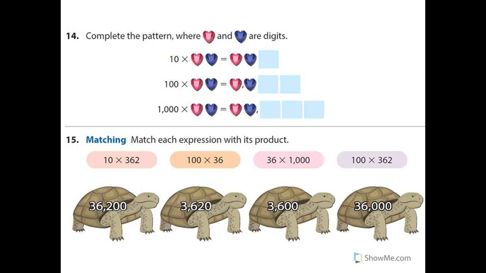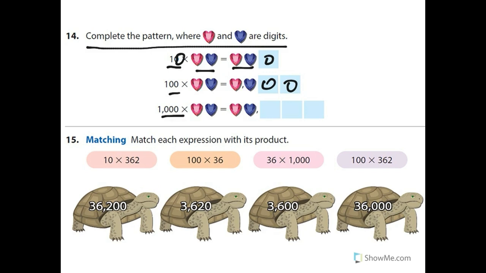Alrighty. Number 14 is a lot easier than you think. It says complete the pattern where those 2 hearts are digits. Well, all I need to do, we've got 10 times these digits, so these digits, 1 0, because I got 1 0 in the 10. How many zeros are going to be in this one? That's right, 2 zeros.